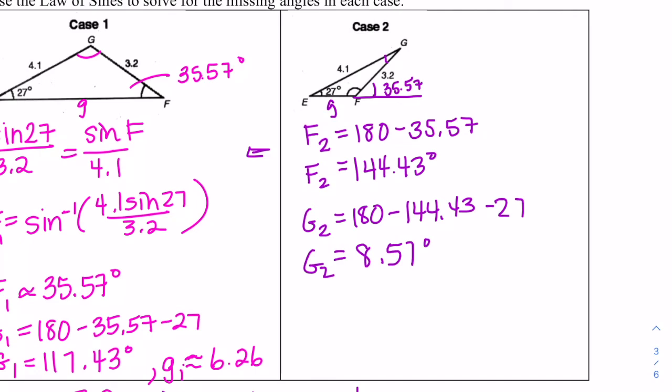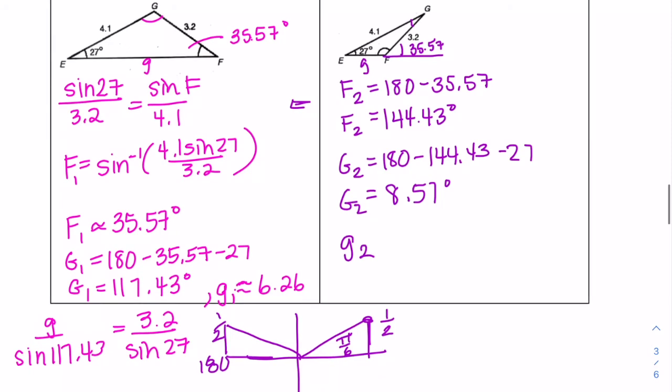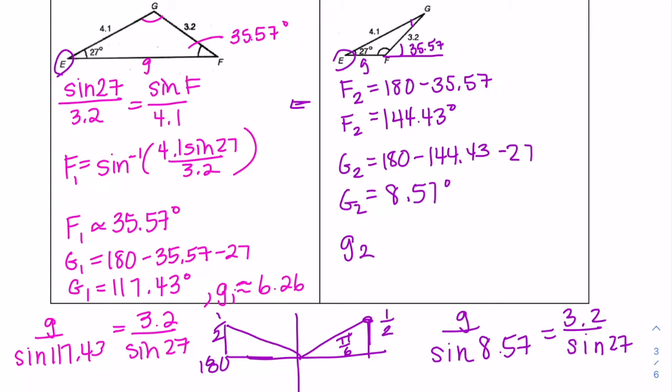So when we set that up, it would be G over sine of 8.57 equals 3.2 over sine of 27. All right, so we're still just using E as our constant point there.